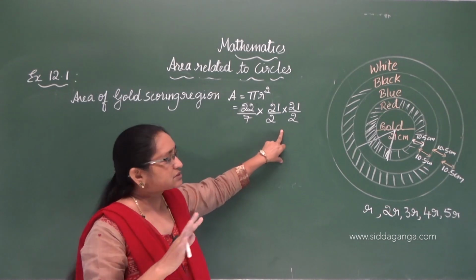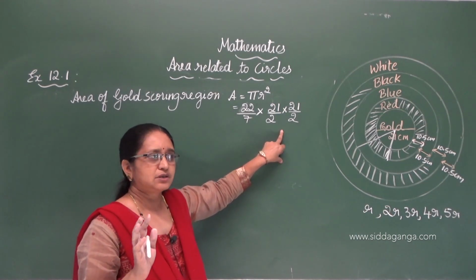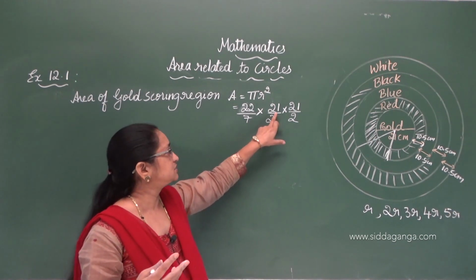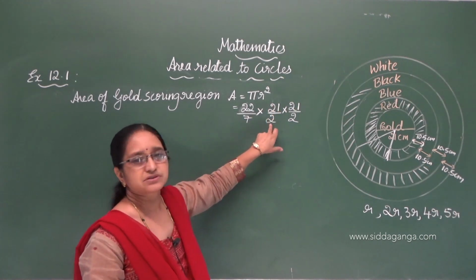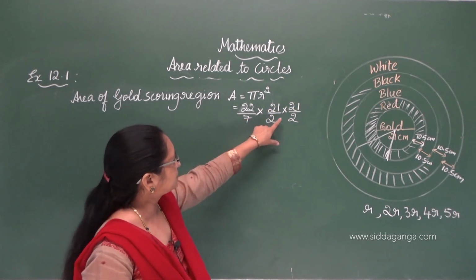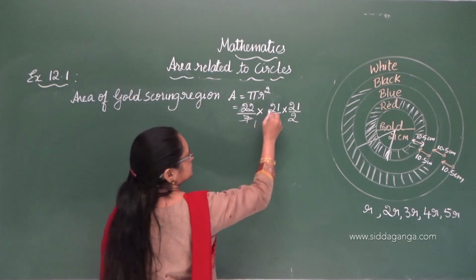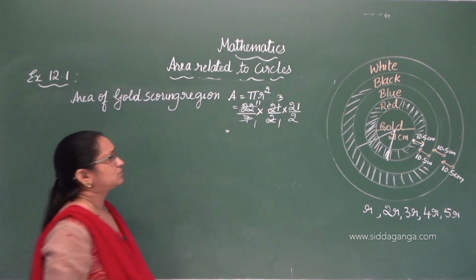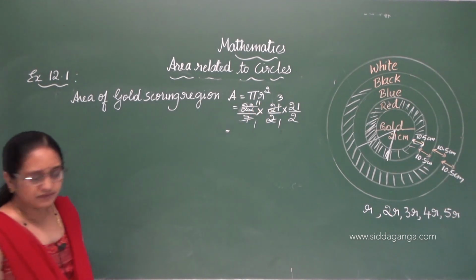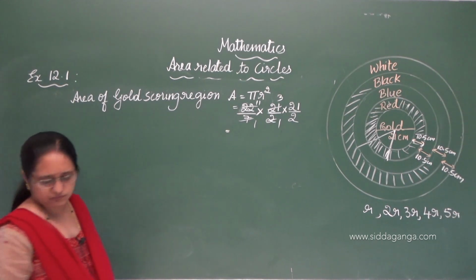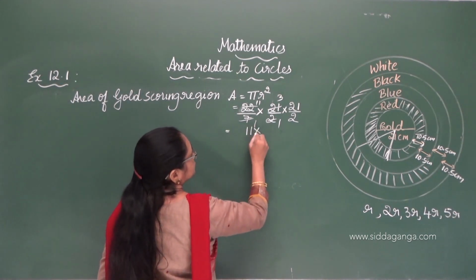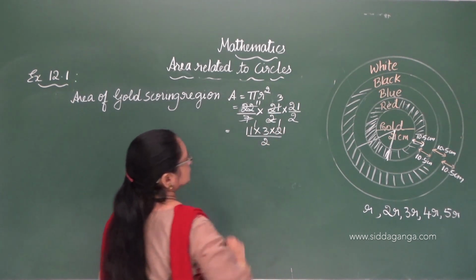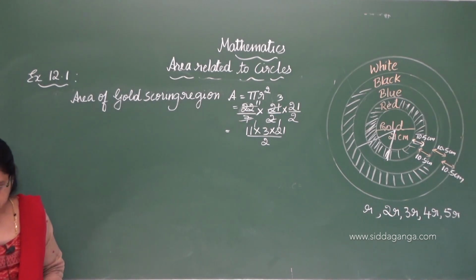Please note, in this chapter we are going to do this, because instead of taking decimals, it will be easy for us to cancel. So 21 by 2 into 21 by 2. 7 ones are 7, 7 threes are 21. 2 ones are 2, 2 11s are 22. Now multiply 11 into 3 into 21 divided by 2. So let us find out 33.